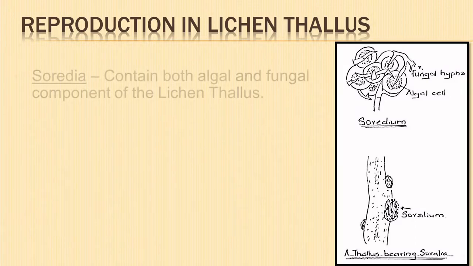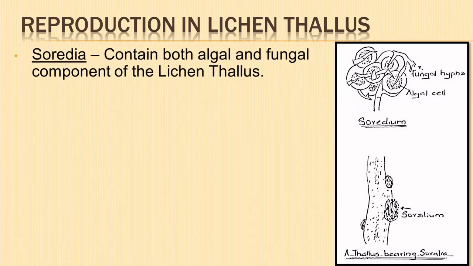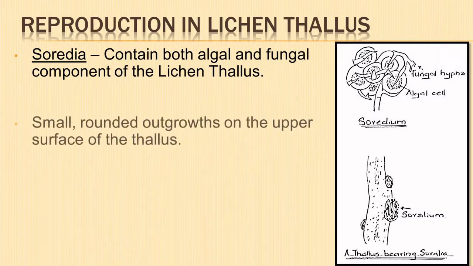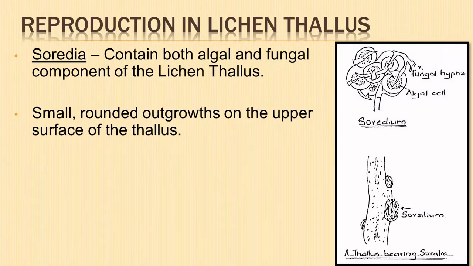Next is Soredia. These are reproductive bodies containing both the algal component and the fungal hyphae of the lichen thallus. They are small, rounded granules or bud-like outgrowths seen on the upper surface of the thalli.